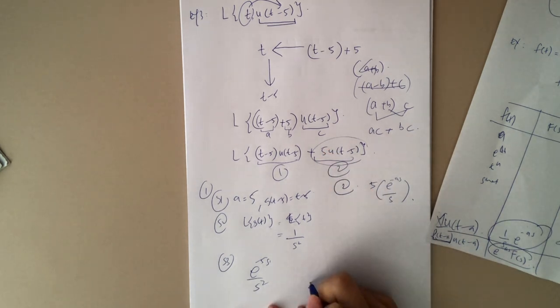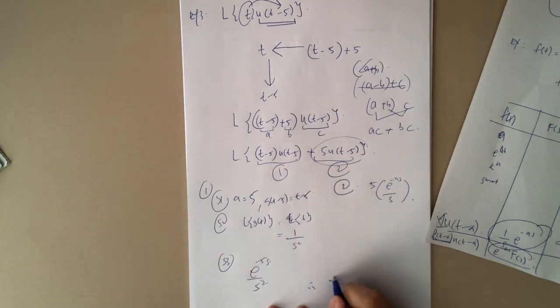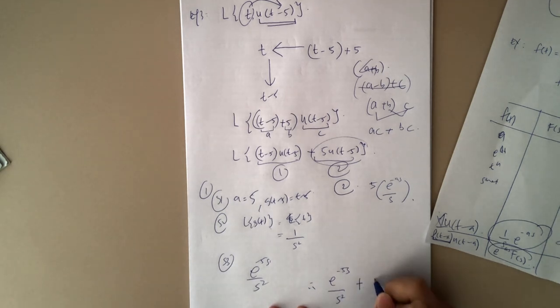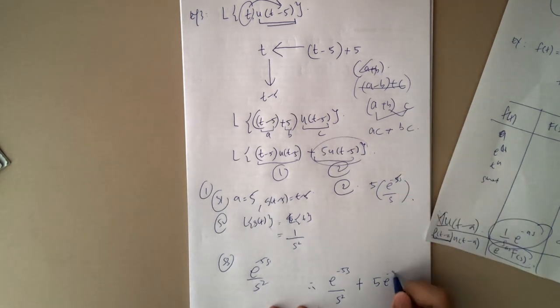So the final answer is just to combine these two: e to the negative 5s over s squared plus 5 e to the negative 5s over s.